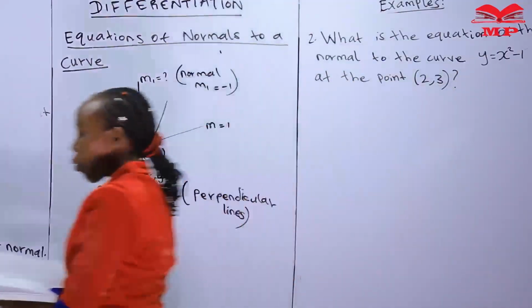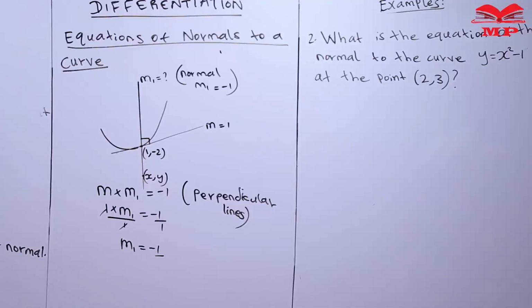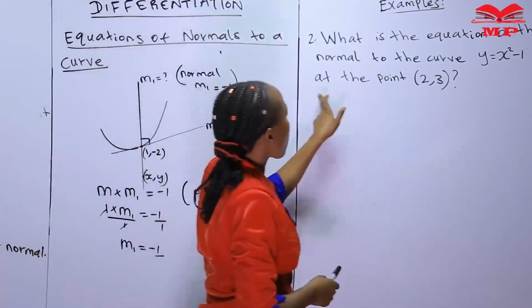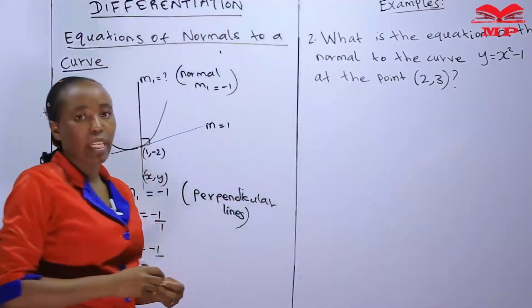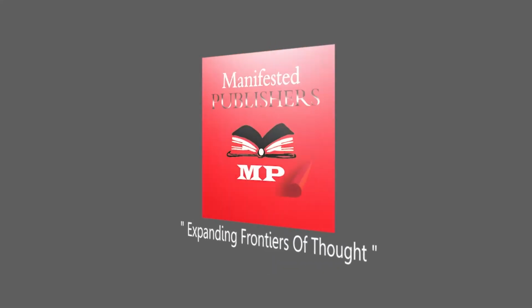That's the question. What is the equation of the normal to the curve y is equal to x squared minus 1 at the point 2, 3?